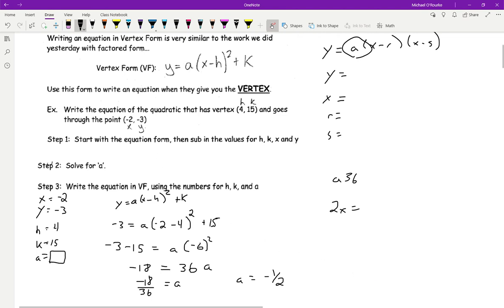And then we just plug it back into the equation. But when we plug it back into the equation, we leave the x and y as just x and y. So negative a half, bracket x minus 4 squared plus 15. Do we see that?